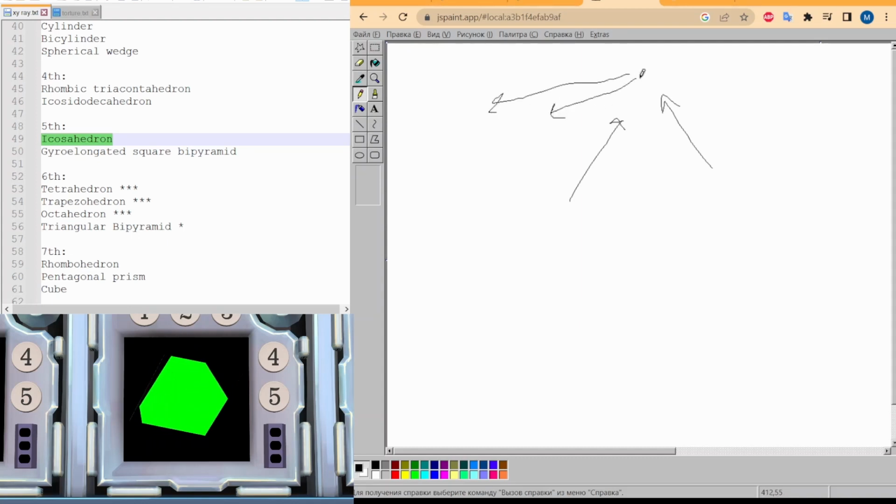The one that went this way, the other one went this way. Once again, 1, 2, 3, 4, and 5. These two were almost at the same angle. This angle was slow, as you could see. One of them went very quickly. Let's do it once again. 1, 2, 3, 4, 5. Let's take a look at two more vertices.